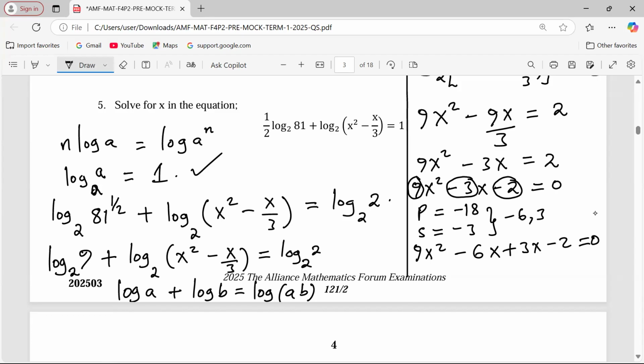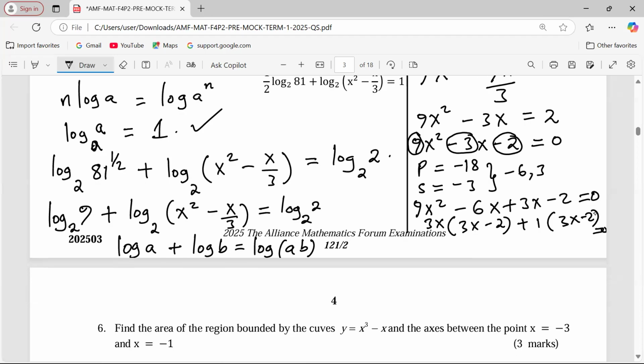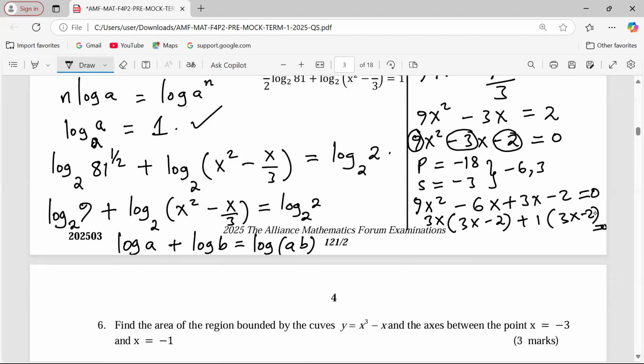From the first two terms, we can factorize 3x. So that will remain with 3x again, minus the value of 2. Then in the other terms, it's only one which is common here, in bracket 3x minus 2 equals to 0. So we can pick the common factor in the brackets, that will be 3x minus 2.